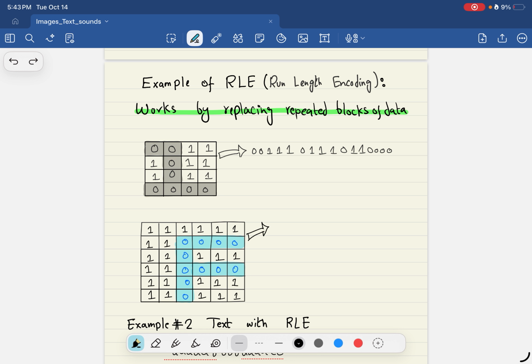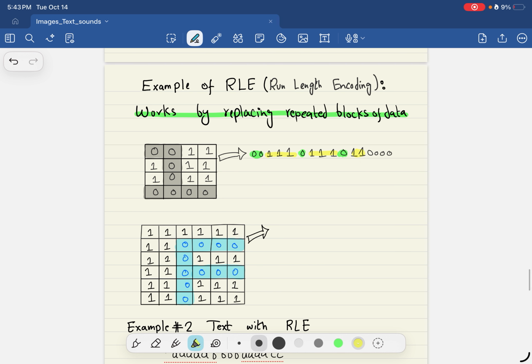Now the next thing is you have to see where there's a repetition, whether a repetition of zeros or ones, and then record that. So you have 2 times zeros, and then there is, let me use a different color for one, then there is 1 3 times, then there is a 0, and then there is a 1 3 times, then there is a 0 again, then there is a 1 2 times, and then there is a 0 4 times, right?